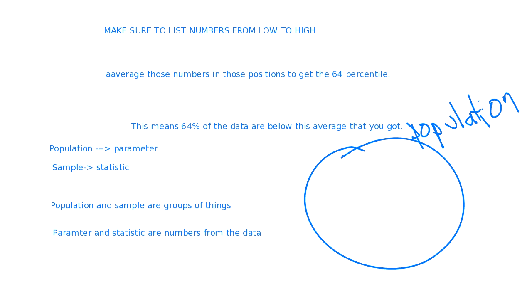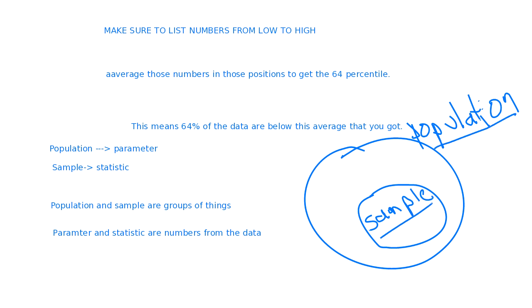So we take this little sample that represents the population, and we're going to learn how to do good samples later, but right now we're just learning definitions. So population is pretty general, and sample is kind of specific. So the parameter goes with the population.